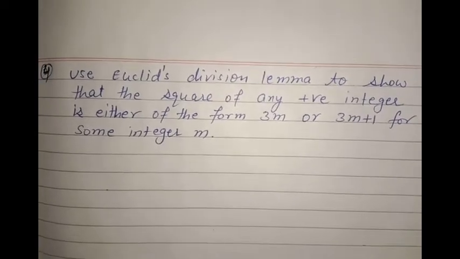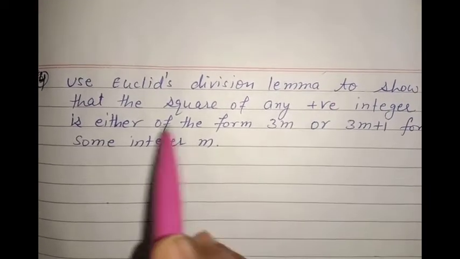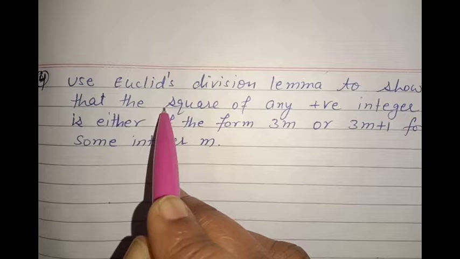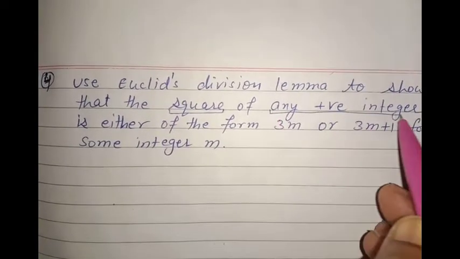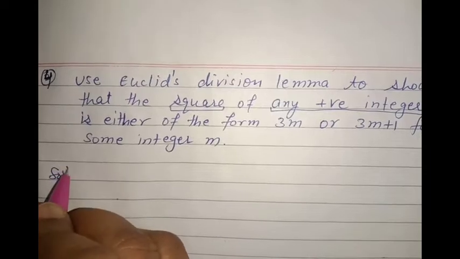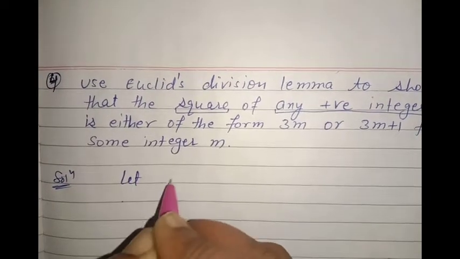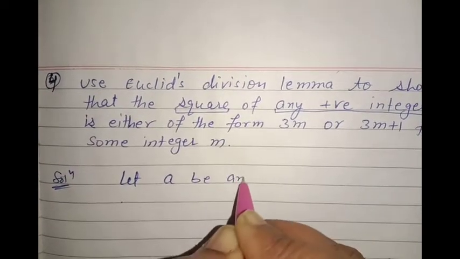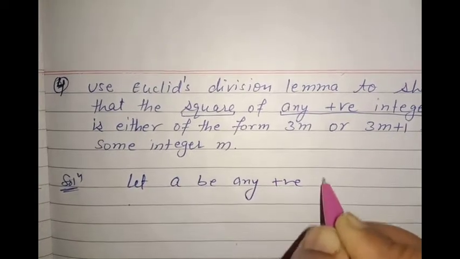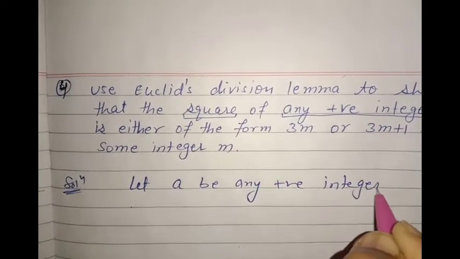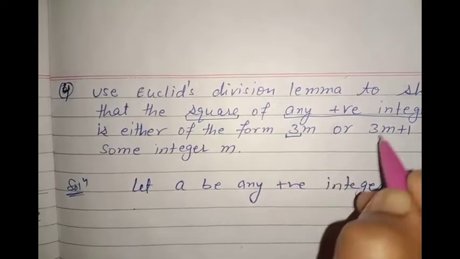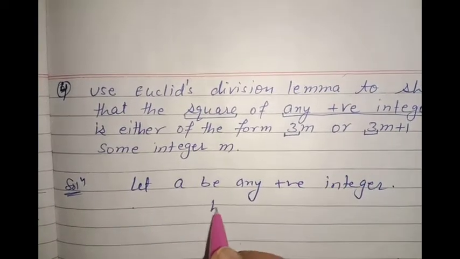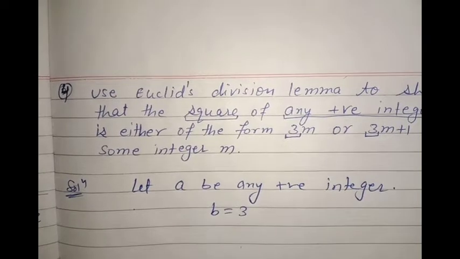4th question is: use Euclid's division lemma to show that, this time it is square, any positive integer. So again we'll start with, let a be any positive integer, and this question is giving us a hint that b should be 3.